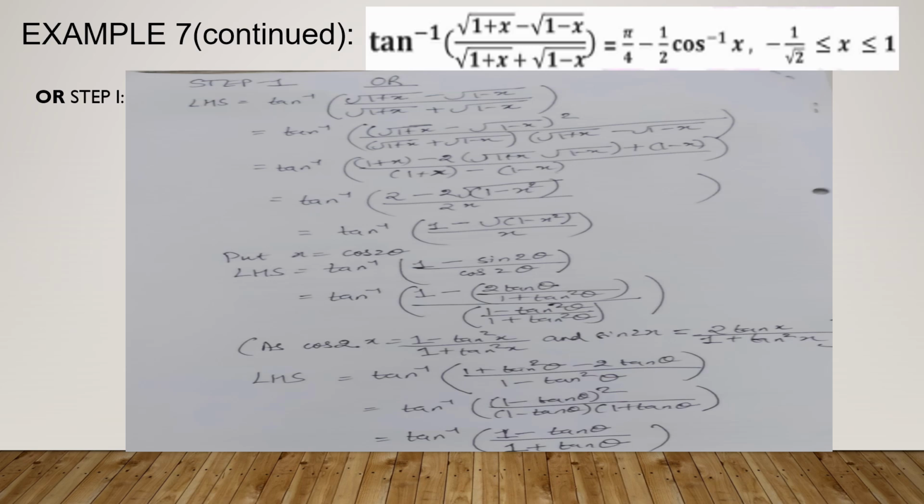So put these values and on simplification you will get the left hand side again as tan inverse of 1 minus tan theta upon 1 plus tan theta. So this is another way. If by chance you are proceeding by this way, you are also going to get the left hand side in simplified form as tan inverse of 1 minus tan theta upon 1 plus tan theta, like the previous one.